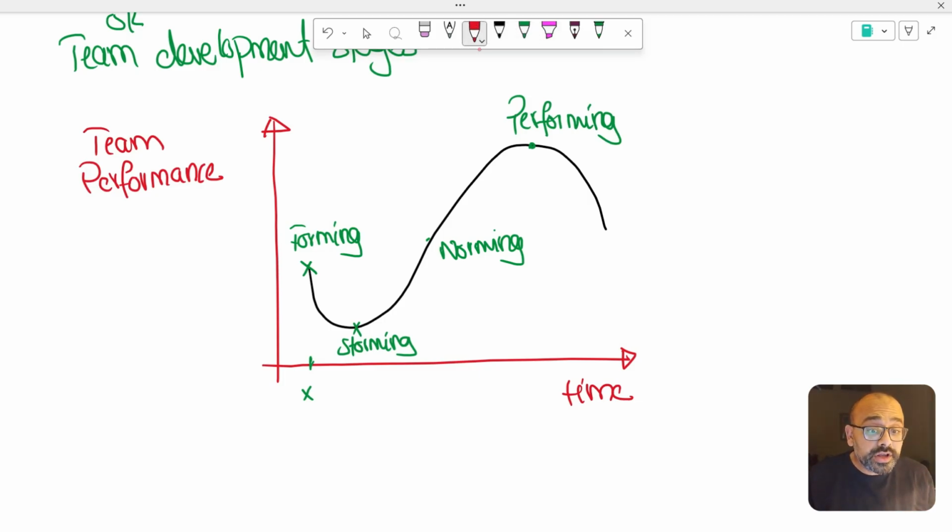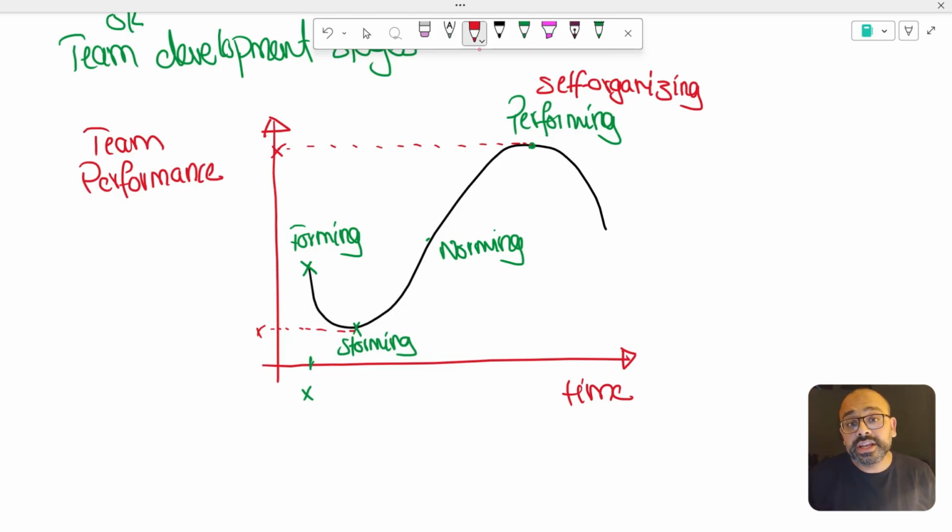As you see on the graph, this is the point. If you plot them on the y-axis, that's the highest level of team performance. And what's the lowest level? The storming is the lowest level. The performing stage is a stage where your team will become self-organizing.